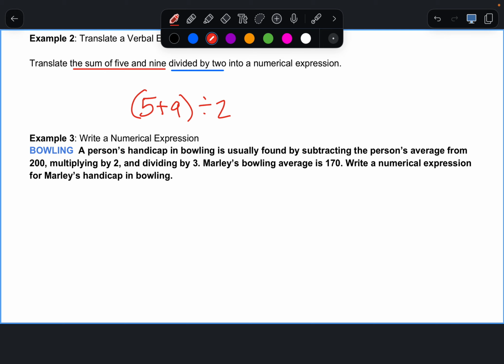It's okay, just fix it. Now, we want the difference to be multiplied by 2. It does need parentheses. Then we can divide by 3.